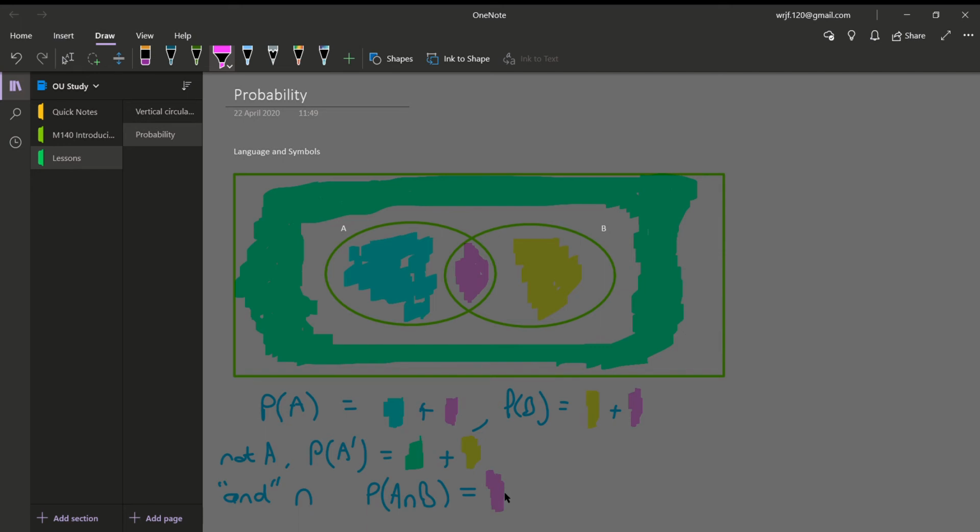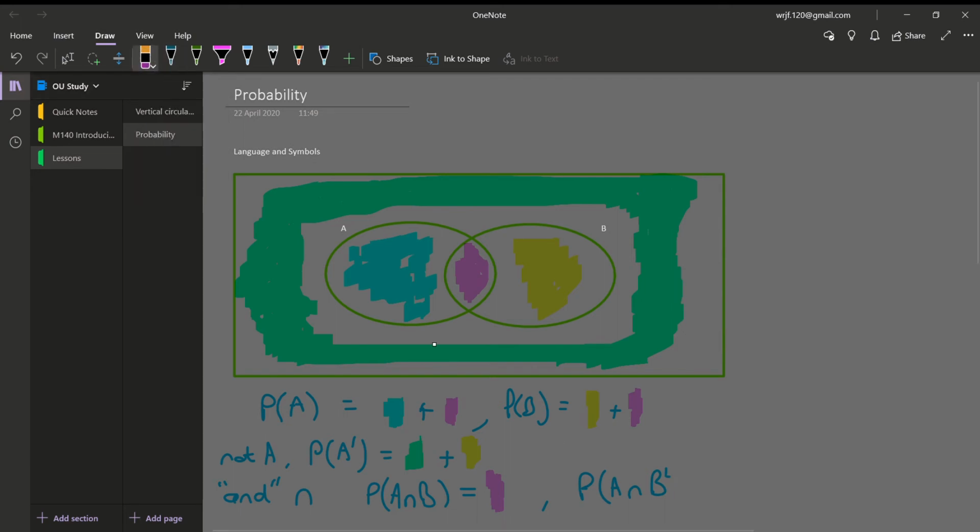And now I can combine intersections and that N symbol with various different things. I can combine those with some of the not things as well. So, for example, I might be interested in the probability of A intersection, or A and not B. So A intersection B prime, like that.